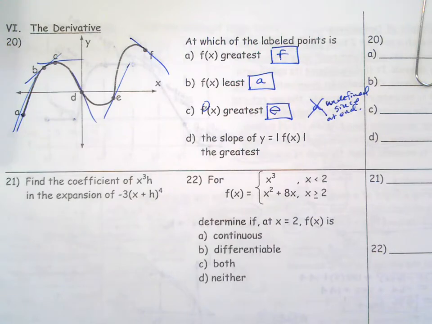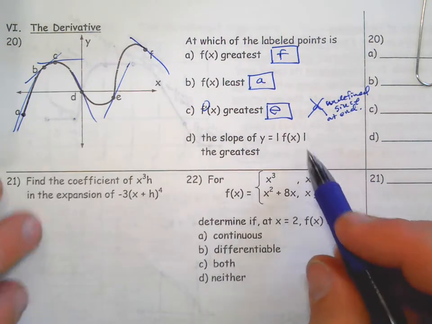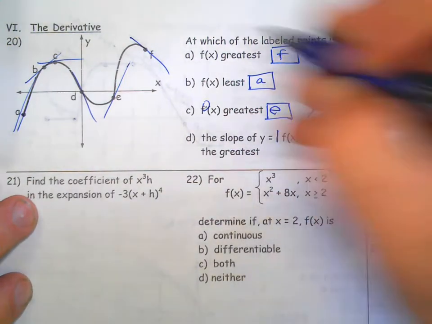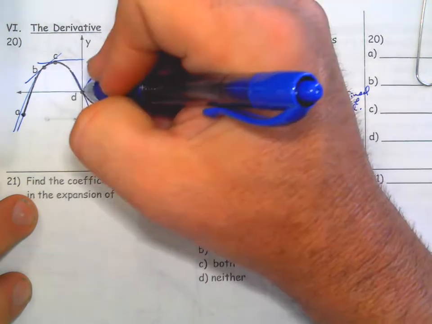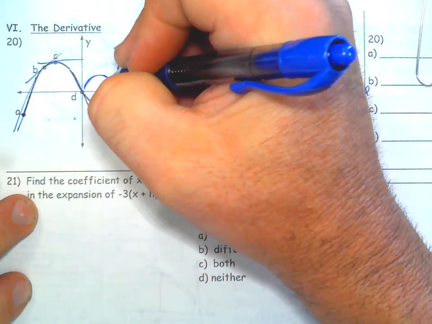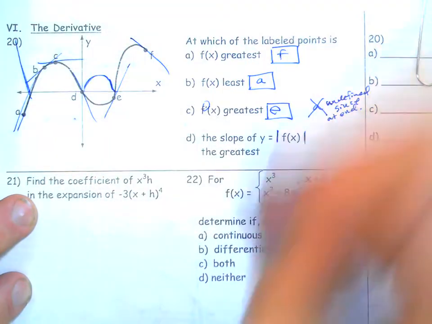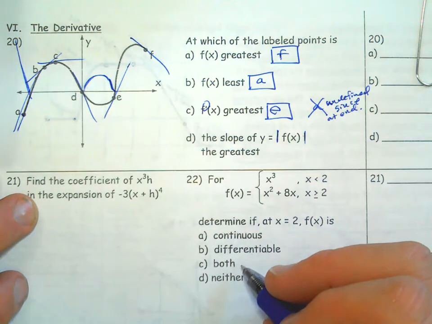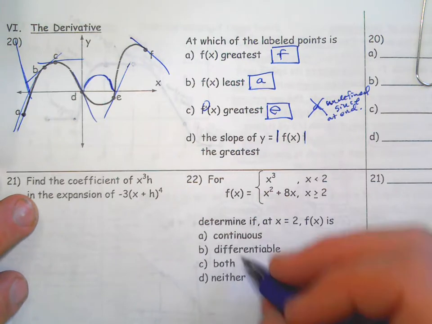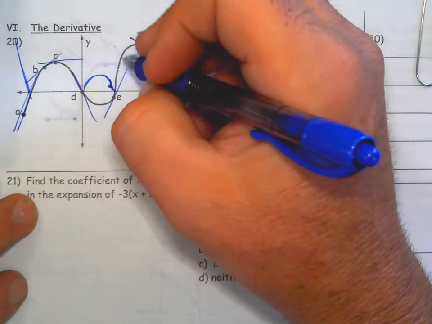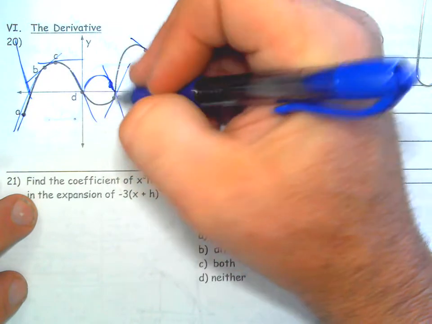Okay, slope of the absolute value of the graph, greatest. Well, maybe I should sketch it. It would look kind of like that, I guess. Where is it the greatest?